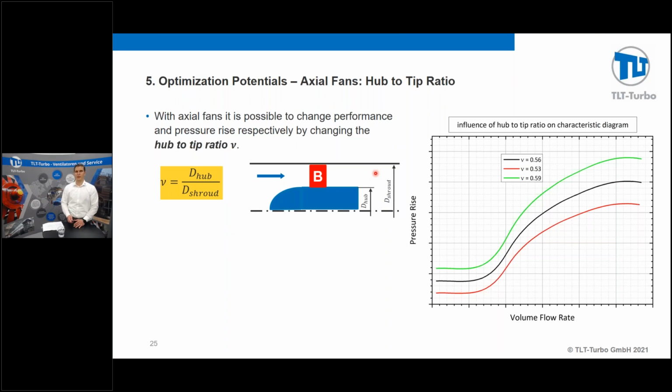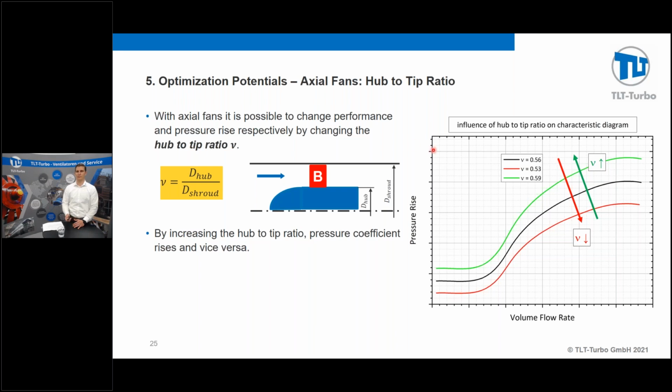And for isoenergetic, so free vortex, blade types, the influence of the hub to tip ratio on the pressure level is basically that for higher hub to tip ratios, the pressure increases as well, and vice versa. So by changing the hub diameter, for example, or the outer diameter, or both at the same time, we can adjust the hub to tip ratio and therefore adjust to different pressure levels.